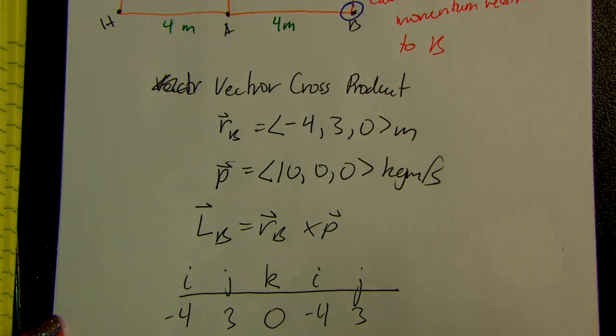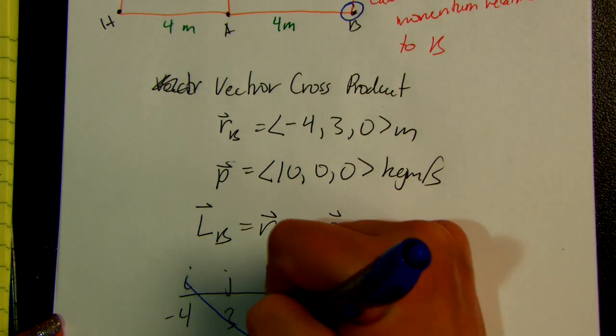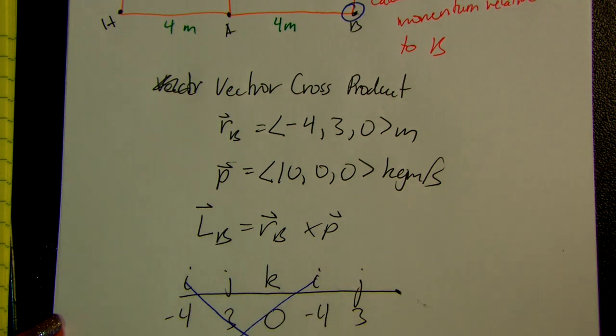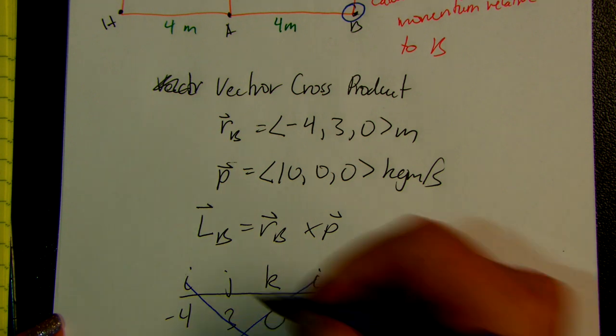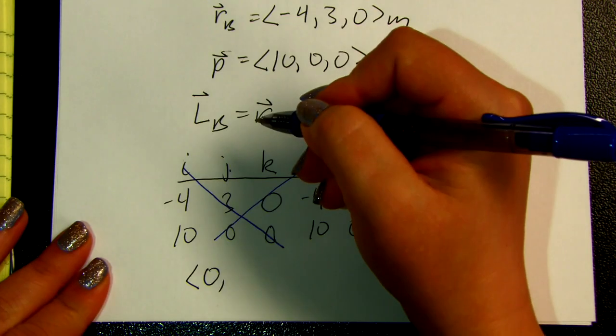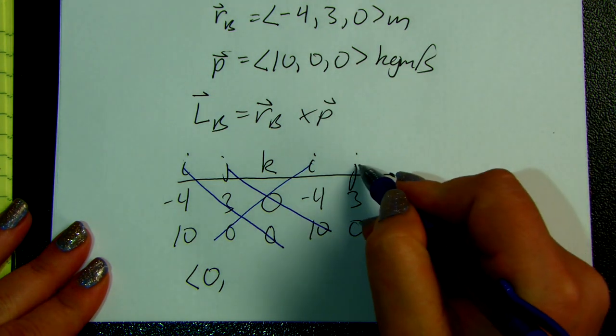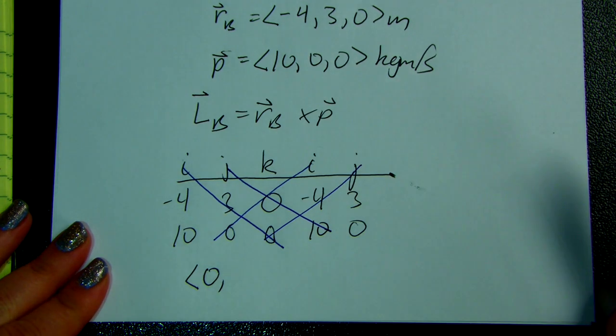All right, do our cross product. So 3 times 0 minus 0. 0 times 10 minus 4 times 0.